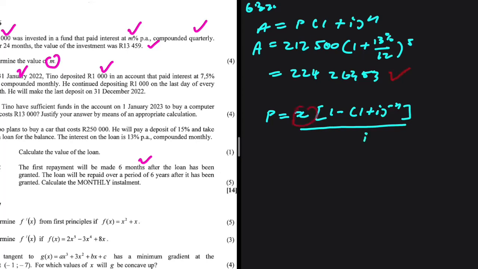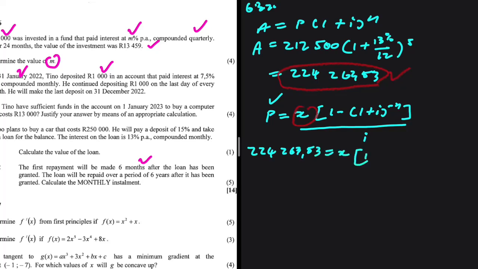This is the monthly installment we're looking for. And P is the loan amount or the value, which is 224,263 rands 53 cents. So we're going to have 224,263.53 being equal to x.